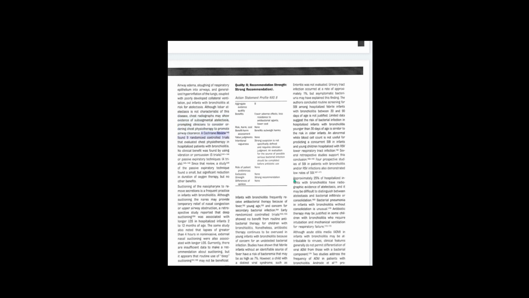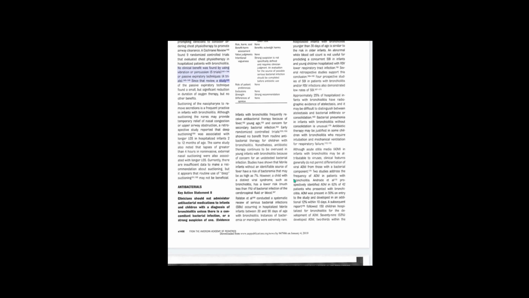A Cochrane Review found 9 randomized controlled trials that evaluated chest physiotherapy in hospitalized patients with bronchiolitis. No clinical benefit was found by using vibration or percussion or passive expiratory techniques. Another study has been published since that review. The study of the passive expiratory technique found a small but significant reduction in duration of oxygen therapy, but no other benefits.